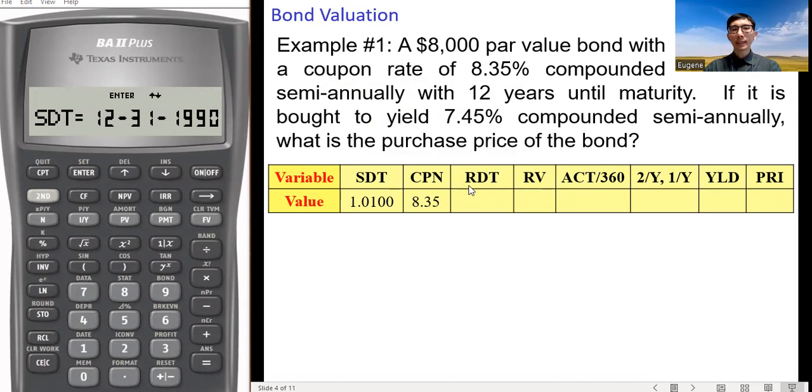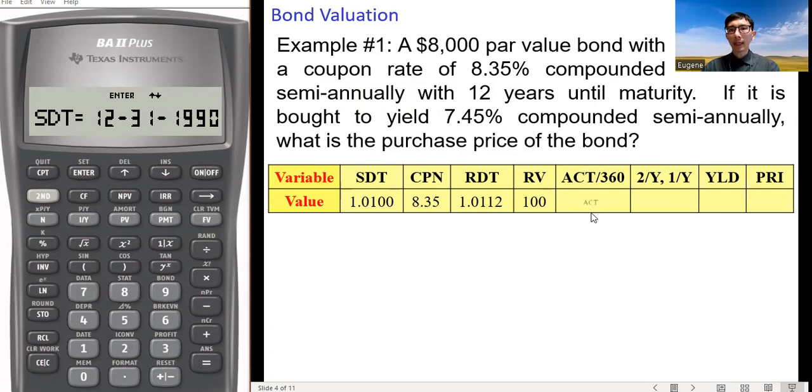And then the maturity date, RDT, 12 years until maturity. So which is 12 years after the date we enter in SDT. So 12 years after January the 1st, year 2000 will be January the 1st, 2012. So we key in 1.0112 as RDT. RV here by default 100.